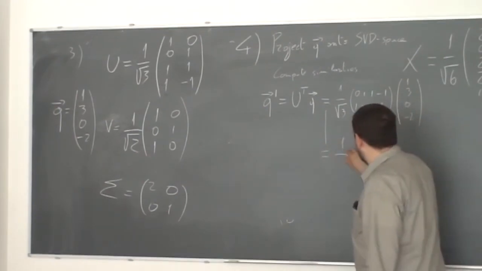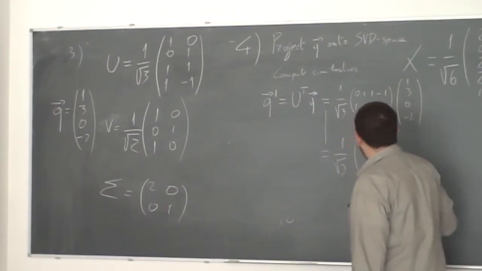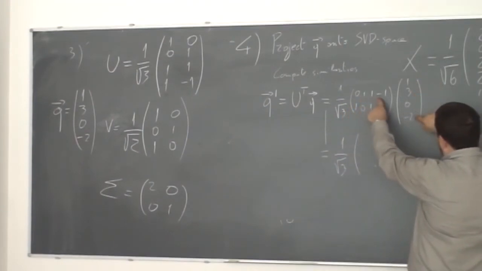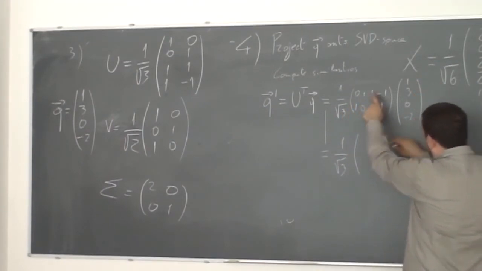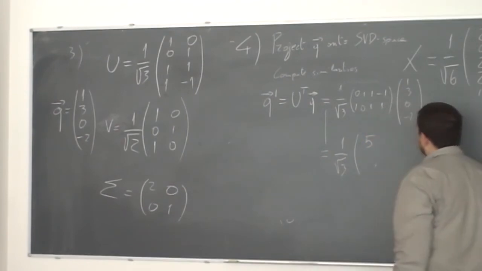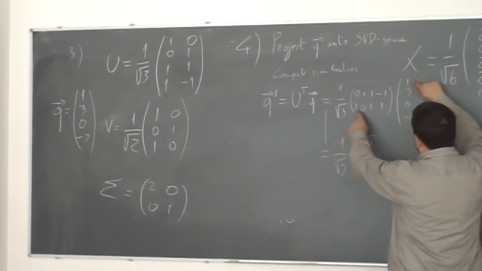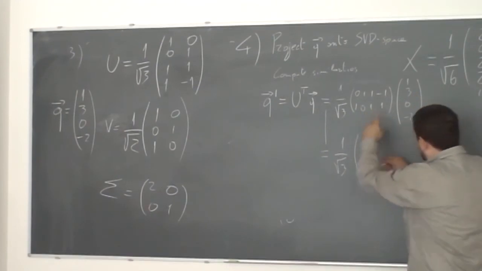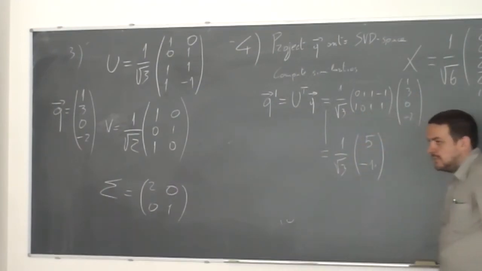So we get 1 over square root of 3 times 3 plus 2, which is 5, and 1 minus 2, which is minus 1.